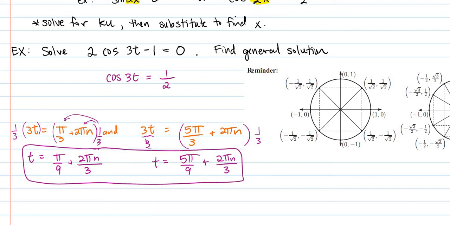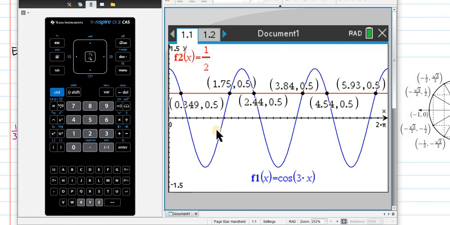If you think about it graphically, this is the graph of cosine 3x and 1/2. So the red line is the 1/2, and the cosine 3x is the blue curve. This is from 0 to 2 pi. So you can see, here's our first answer. Here's our second answer.